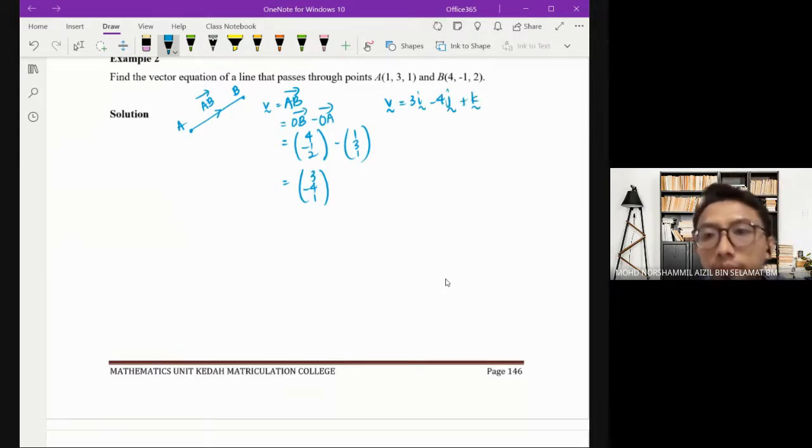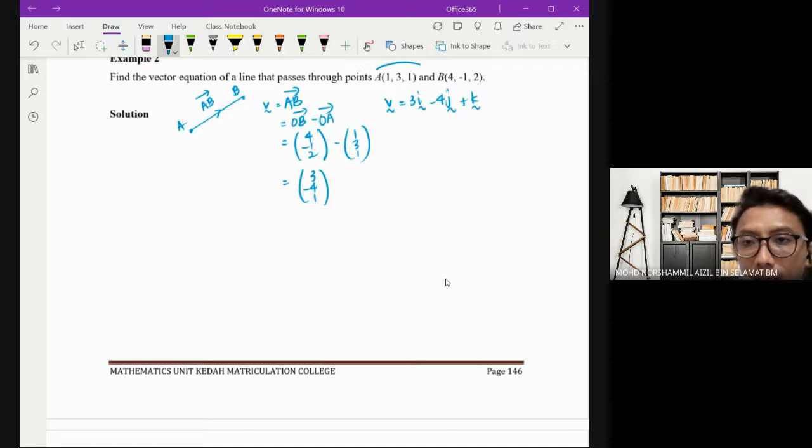Is what I did right? 4 minus 1 is 3. 1 minus 3 is minus 4 actually. 2 minus 1 is 1. Okay, insyaAllah it's correct. Okay, so V. And then coordinate A itself we can change to vector A. So vector A will be i plus 3j plus k.